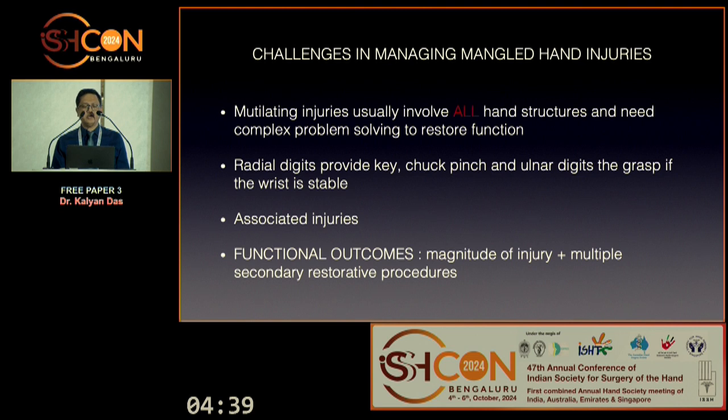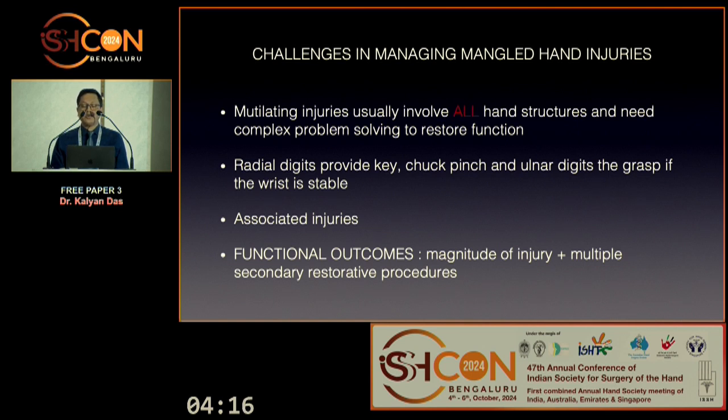The radial digits in the hand provide the key and the chuck pinch, and the ulnar side is responsible for the grasp. There are many associated injuries which we should take care of before treating these mangled injuries.